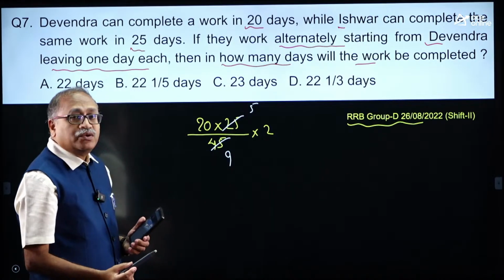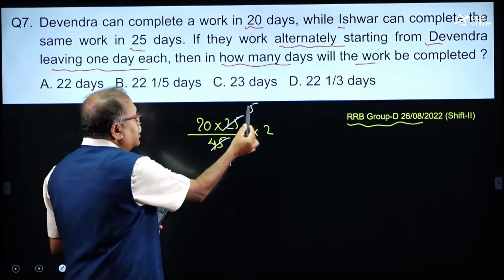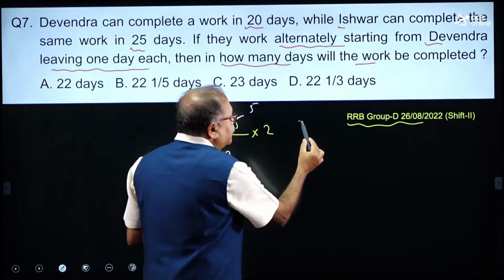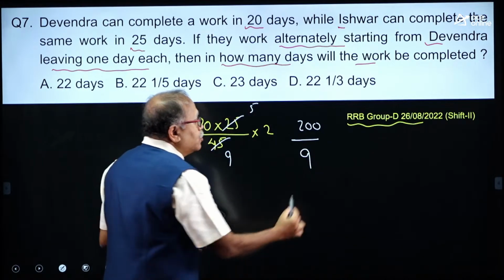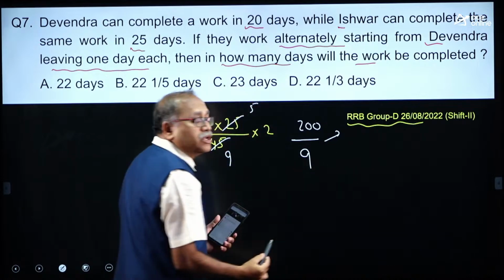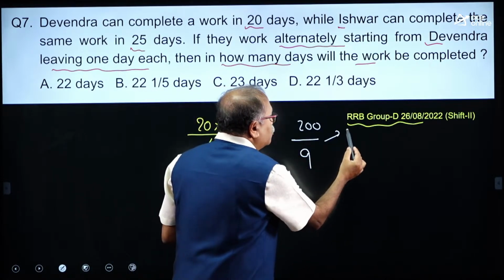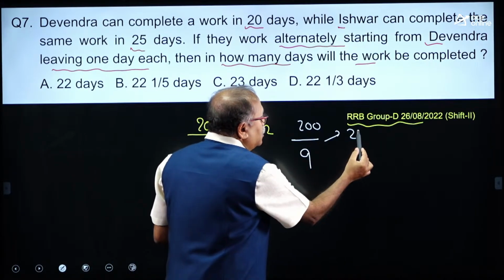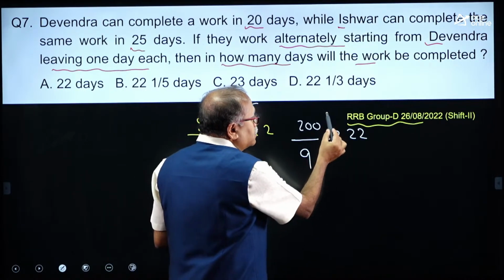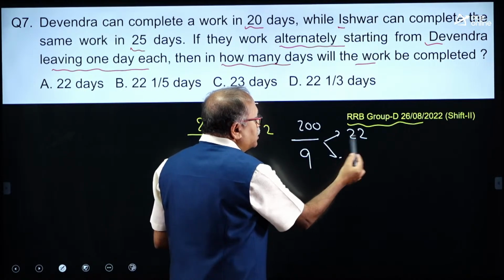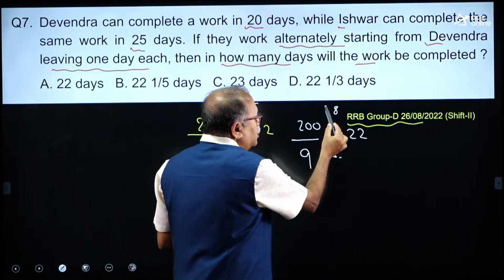So, this is what comes, that is 200 by 9 over here. Now, you must be getting 9 2 is 18 and again 9 2 is 18, that is 9 2 is 18 and 9 2 is 18, 1 19.